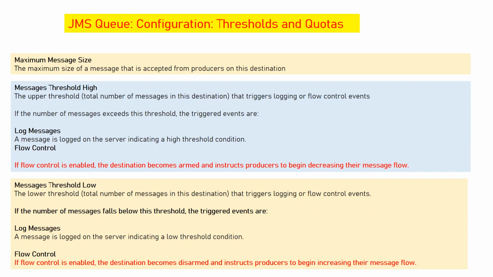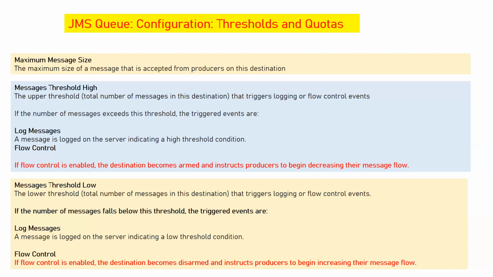Apart from that, you have message threshold high and message threshold low. This is the same condition. If your message threshold high condition is reached, your flow control will be enabled and your destination will become armed, and it will instruct your producer to please decrease the message flow.